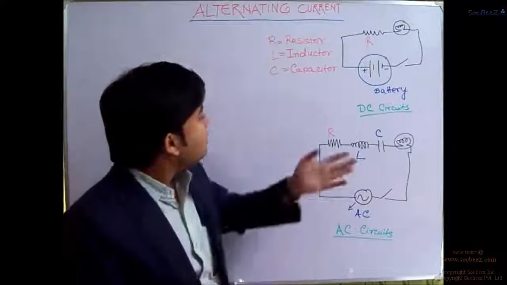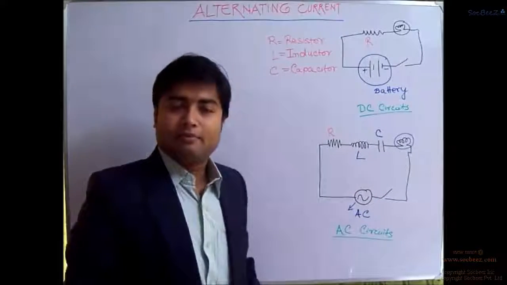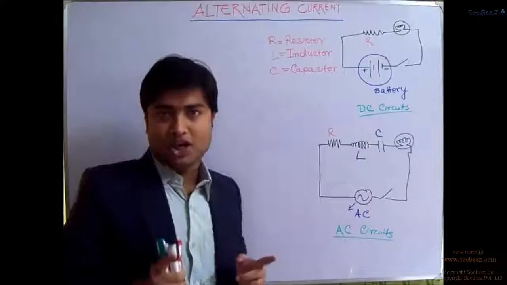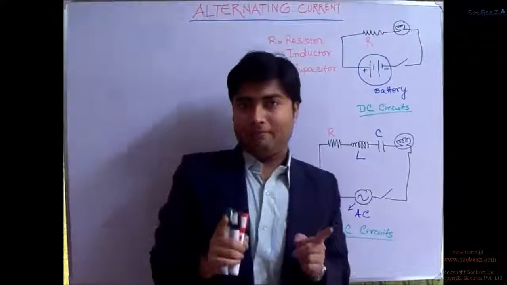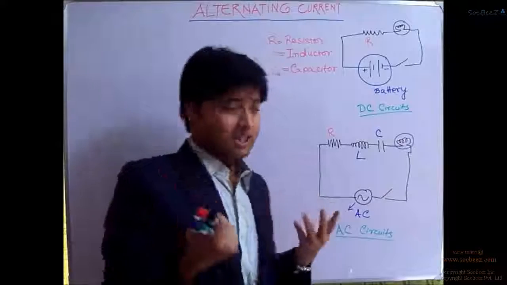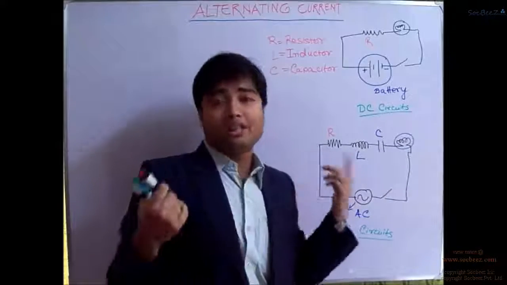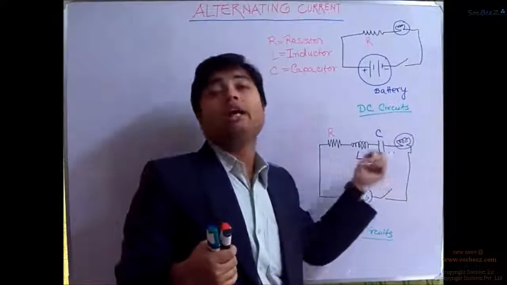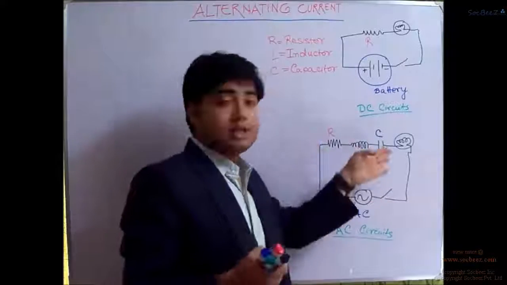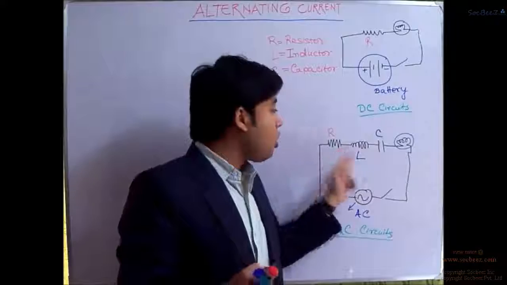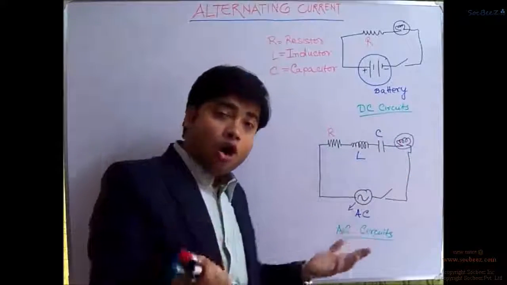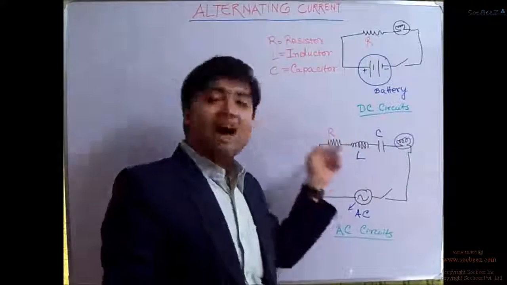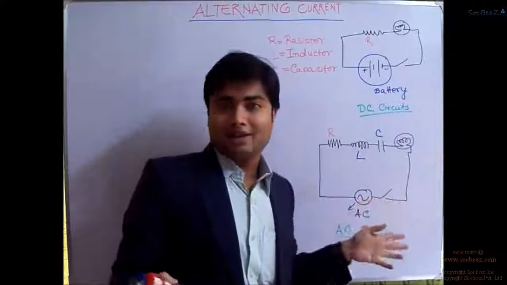Now, in the AC circuits, we can observe all of them. For example, it could be a purely resistive circuit, a purely inductive circuit, a purely capacitive circuit, or an RC circuit, or an RL circuit, or an LC circuit, or an LCR or RLC circuit, right?